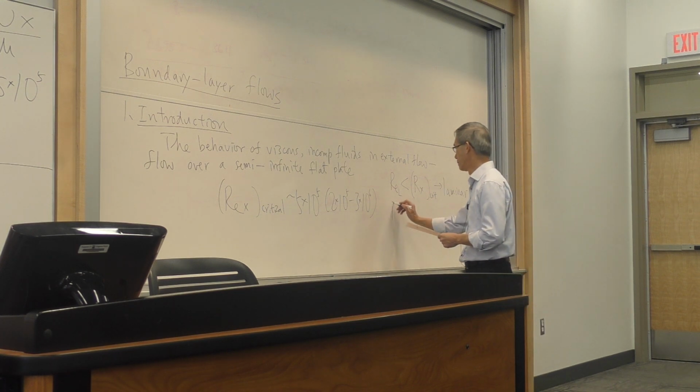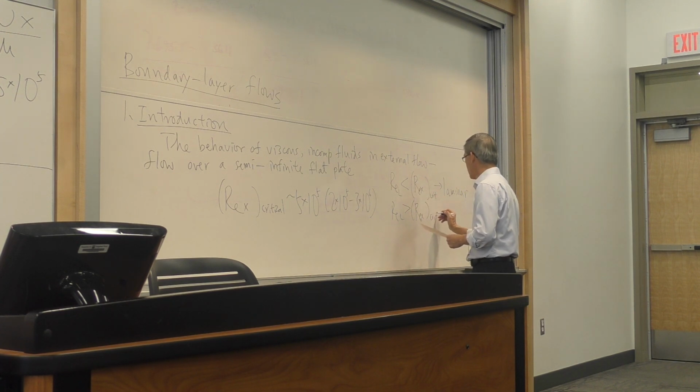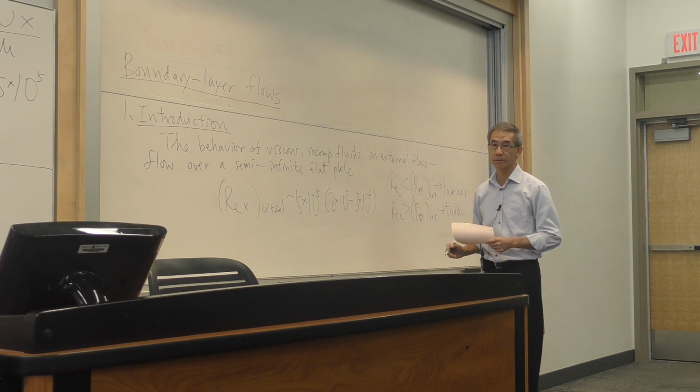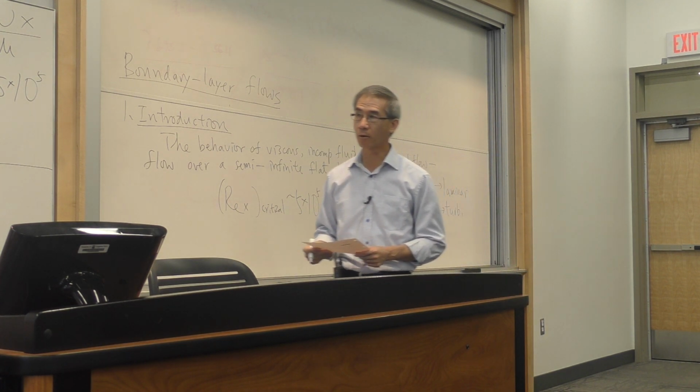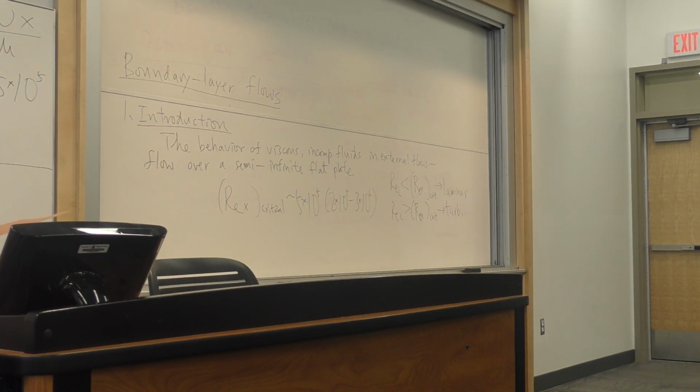Contrary to that, if it's more than 500,000, then the boundary layer will go into turbulence. So for any external flow, I always go from laminar to turbulent transition, with no exception. No different than pipe flow.